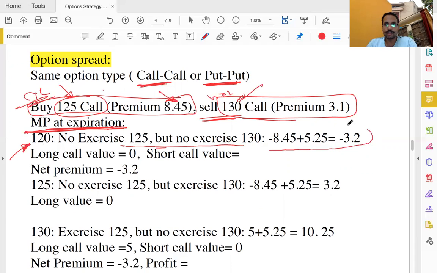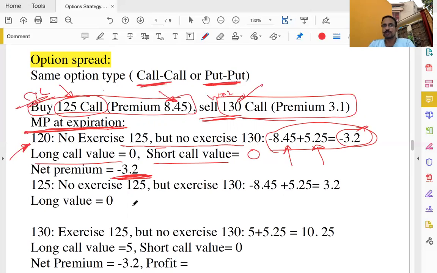Only profit and loss will be in the case of premium. I have paid premium this much, I have got premium this much, still I am losing this much, right? So long call value is zero, short call value is also zero, and whatever remains is your premium, right?